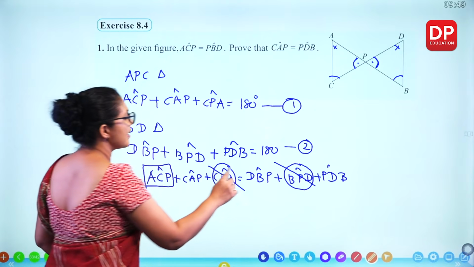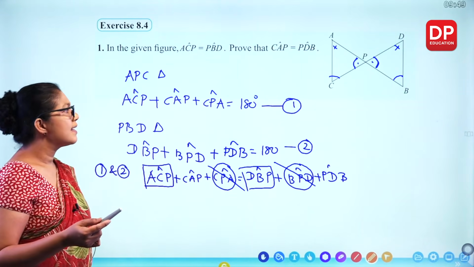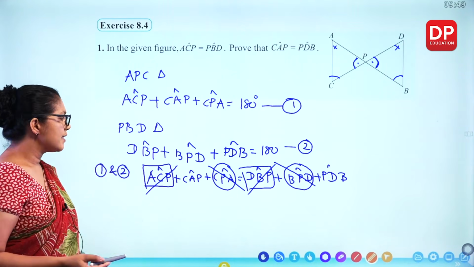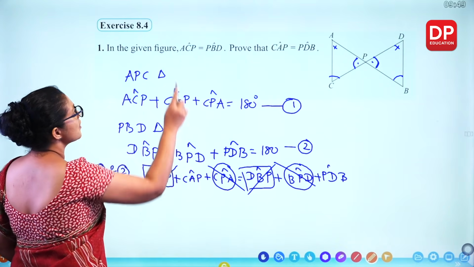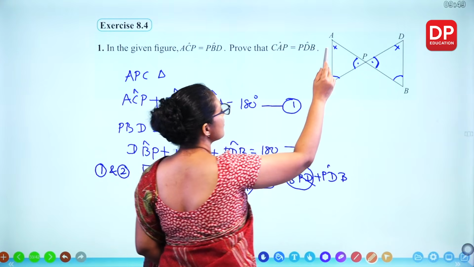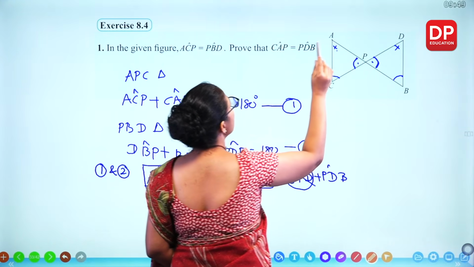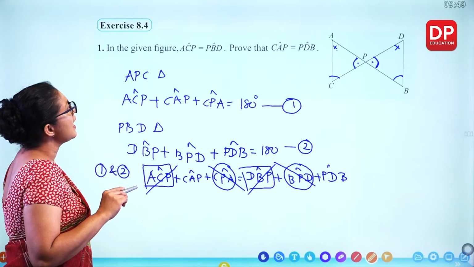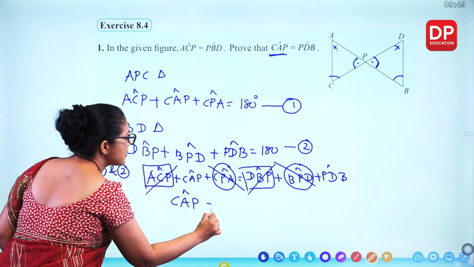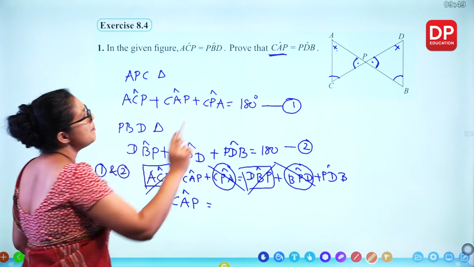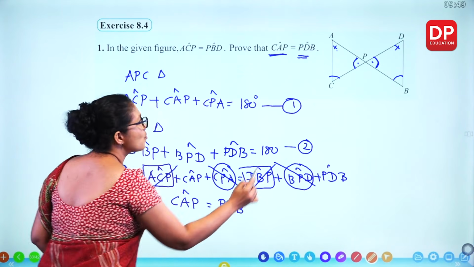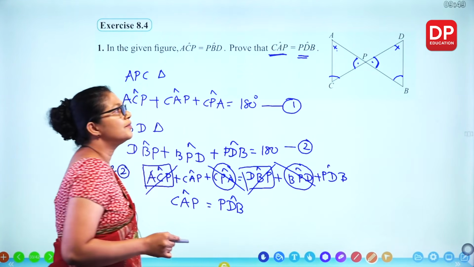It's given. So I can cross this out. So what I get now? I get CAP, this angle, is equal to PDB, this angle. So I can show that if these two are equal, these two are also equal.